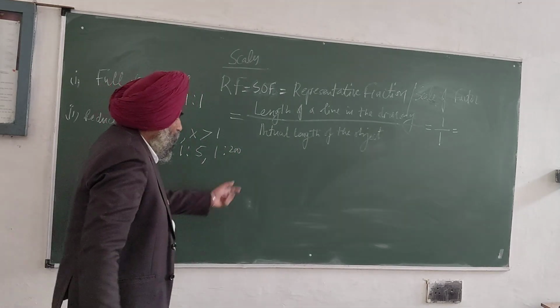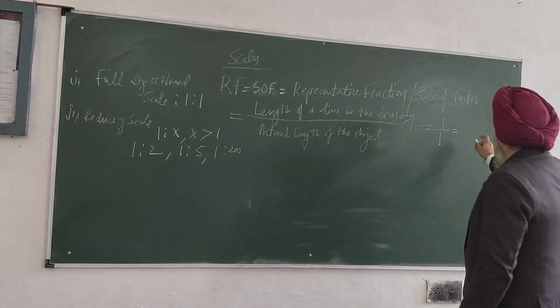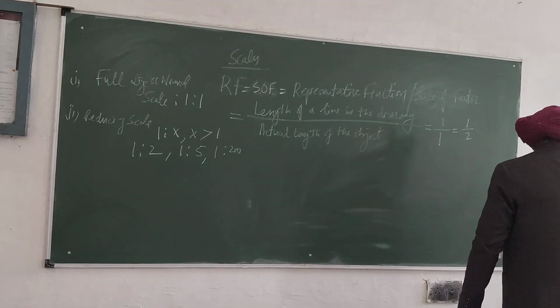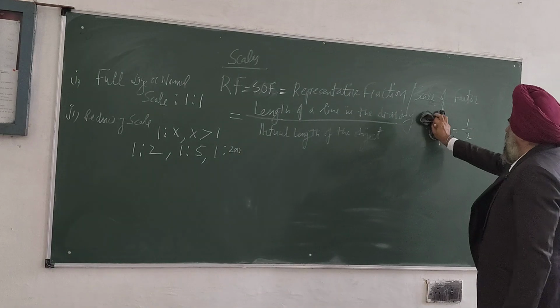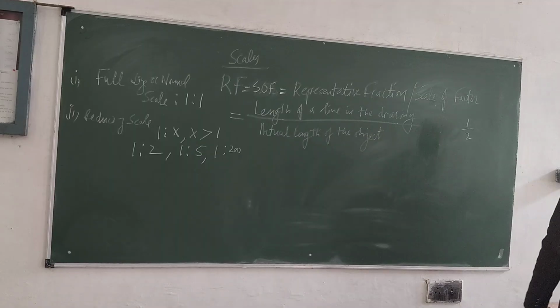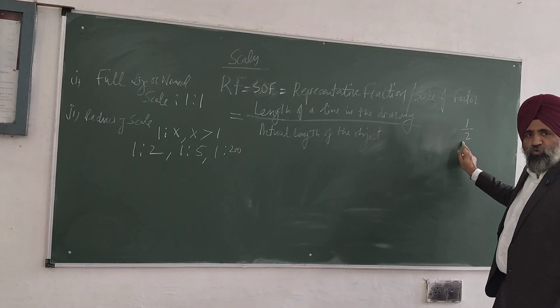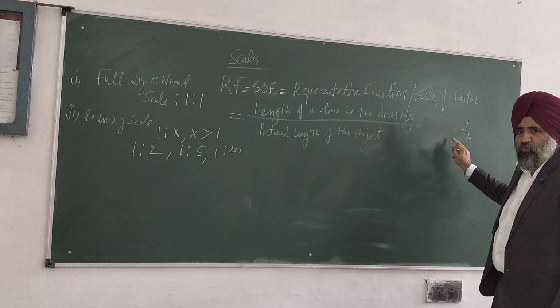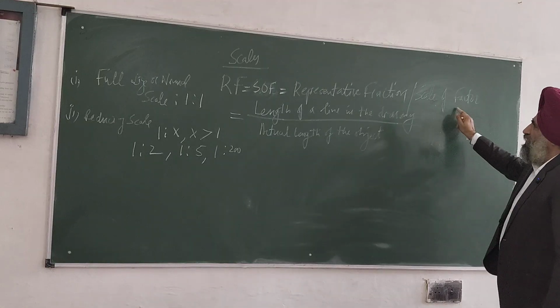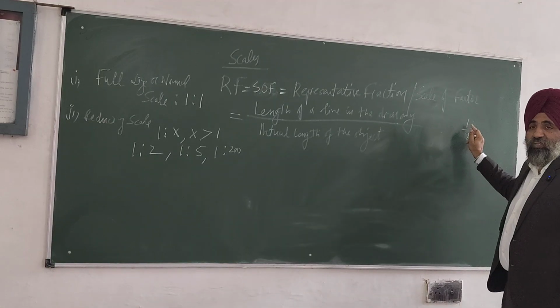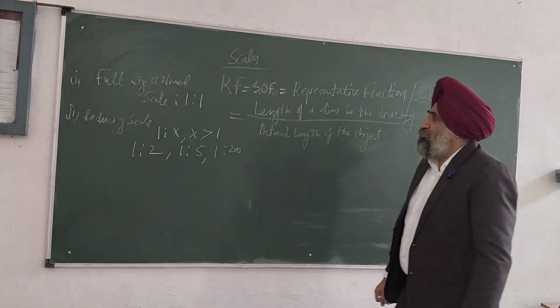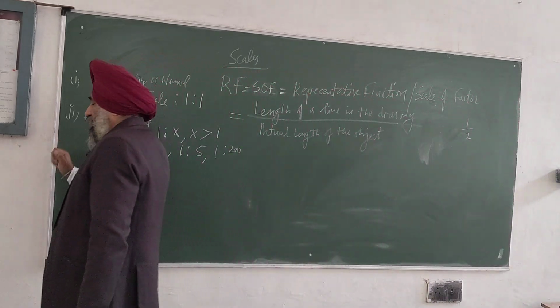What does 1:2 indicate? It indicates that your actual length is 2 units, it could be millimeter or centimeter, and your length of a line is half of that, that is 1. So this becomes your reducing scale.